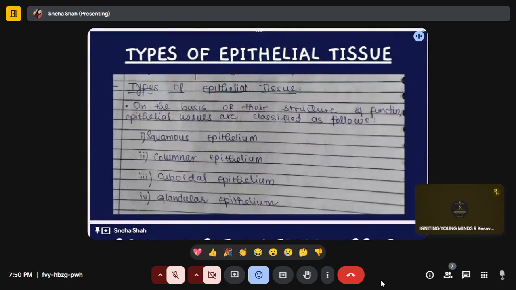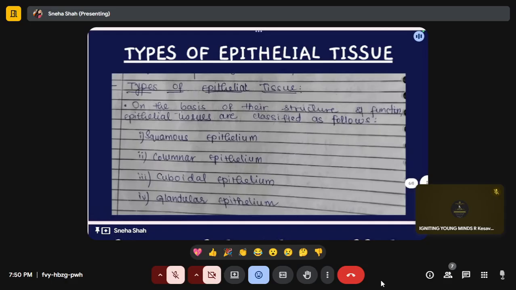Now moving on to the types of epithelial tissue. There are 4 types of epithelial tissue based on structure and function. One is squamous, another is columnar, third is cuboidal, and fourth is glandular. Today we will understand only squamous epithelium, which again has 2 more structural parts.